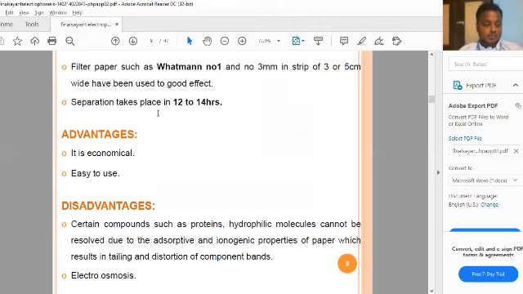The disadvantages are that certain compounds such as proteins and hydrophilic molecules can't be resolved, due to the absorptive and ionogenic properties of paper, which result in tailing, dissolution of the component bonds, and high electroosmosis.